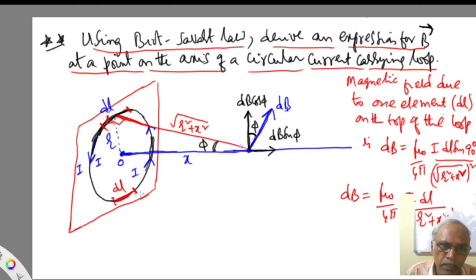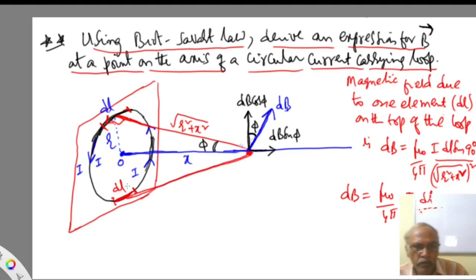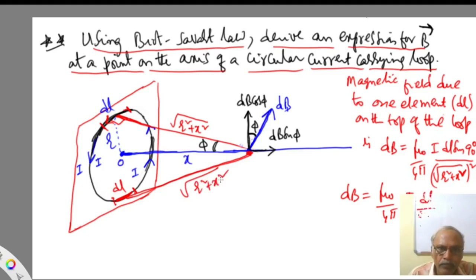I join a line from this dl element to this point. Here also dl makes 90 degrees with the line, root of r square plus x square.